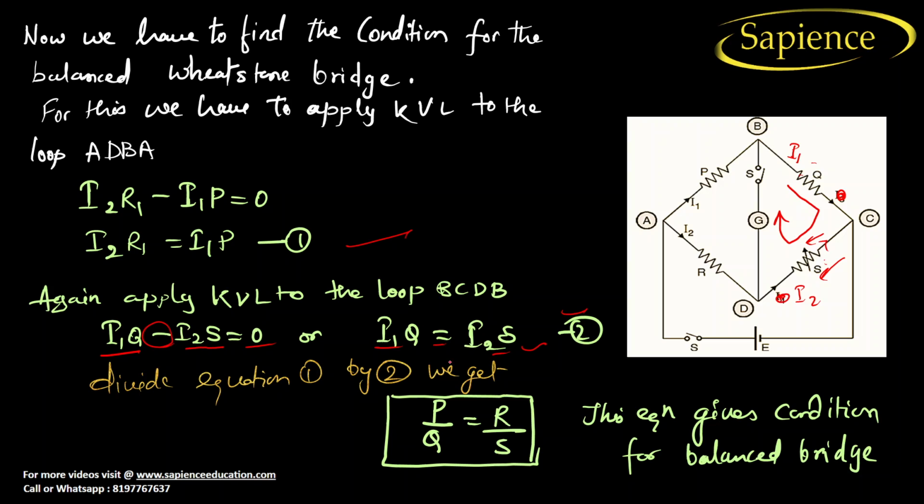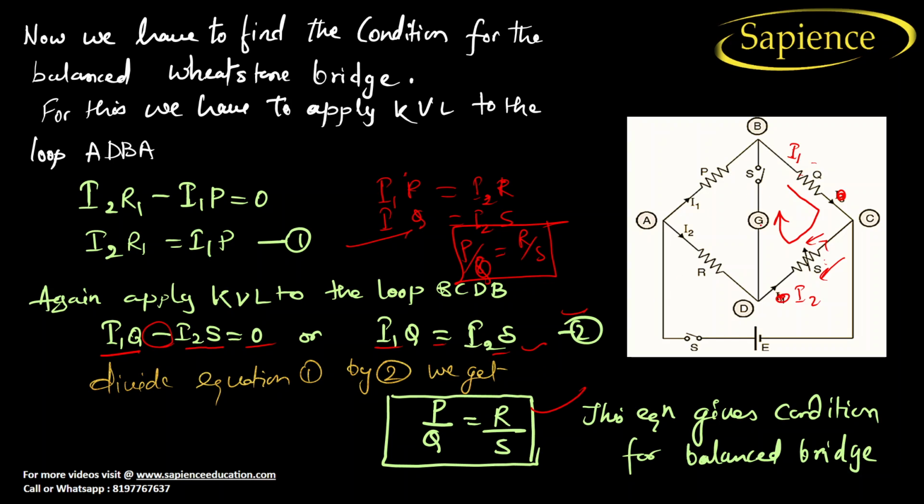Rearranging, I1 into P is equal to I2 into R, and I1 into Q is equal to I2 into S. So from here we can write P by Q is equal to R by S.